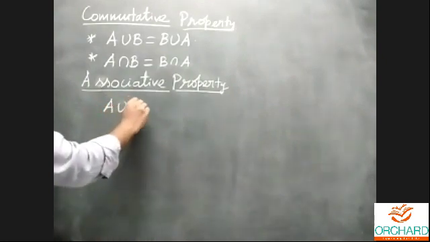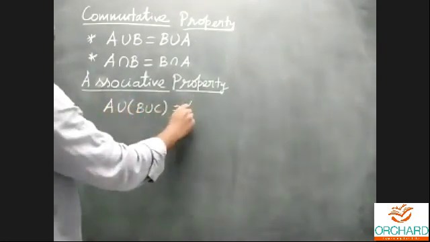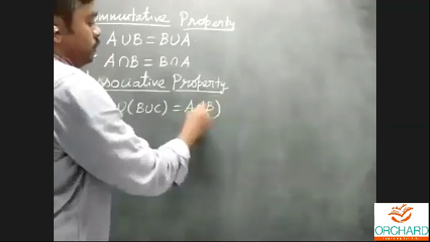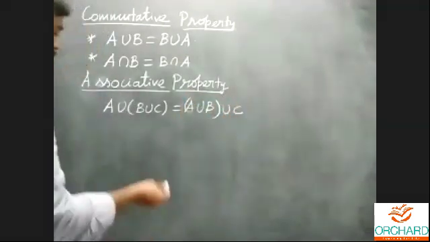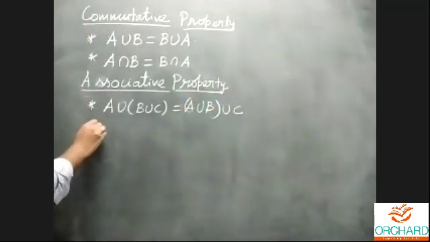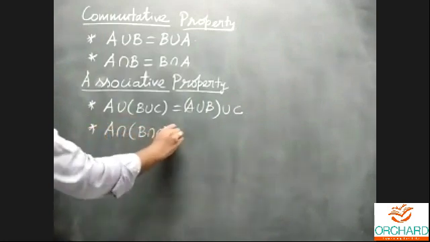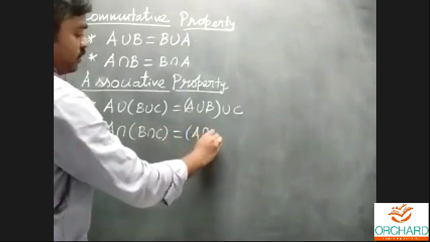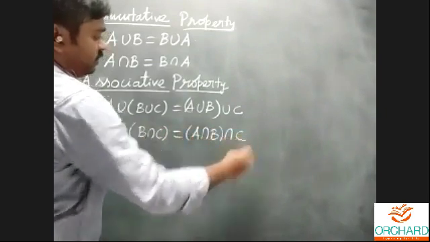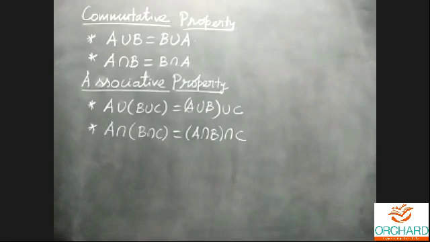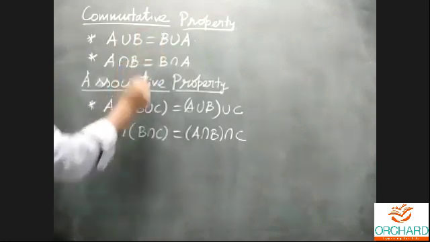A union B union C equal to A union B union C. Next, A intersection B intersection C is equal to A intersection B intersection C. This is the commutative property and associative property of union and intersection. First one for union, second one for intersection.